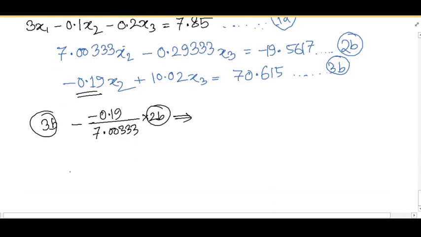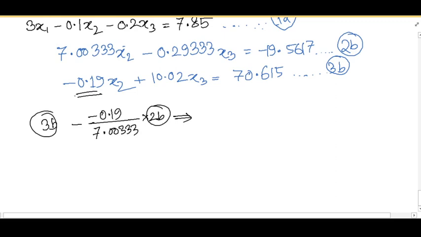It will give us the x2 coefficient cancelled out, and this is a very small amount, as you know.